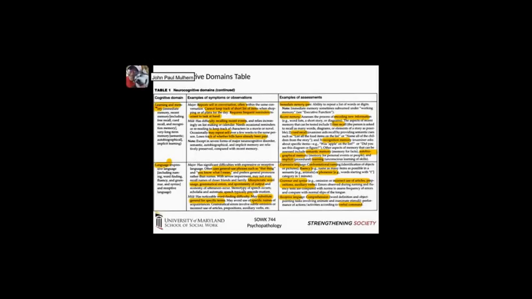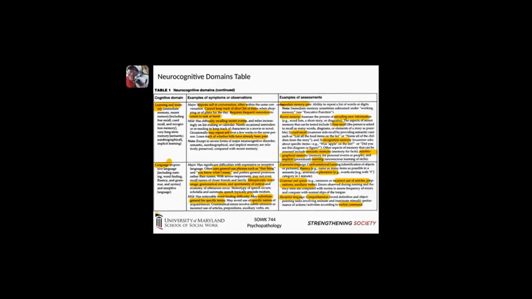Okay, so you may find learning and memory a little more self-explanatory than executive functioning. So let me walk you through the examples of assessments box here. In the context of domains of cognition, under the cognitive domain of learning and memory, the DSM authors define memory in two specific ways.